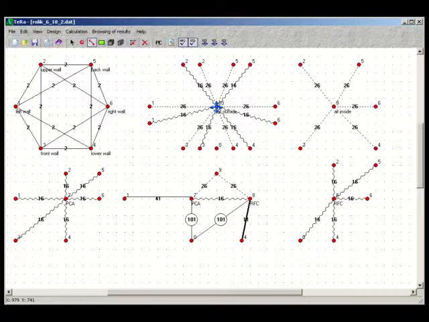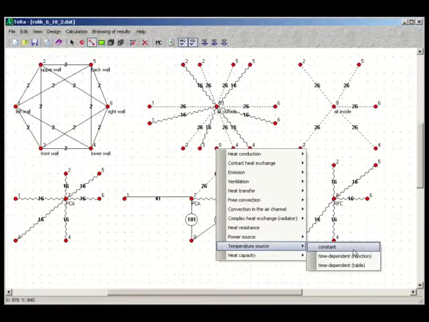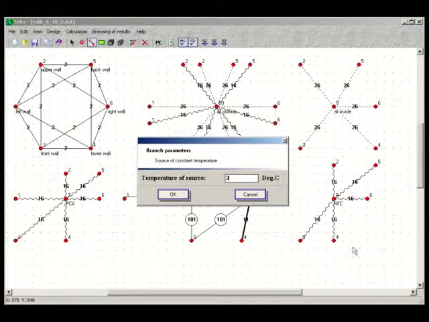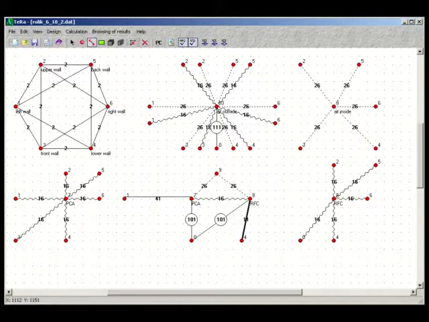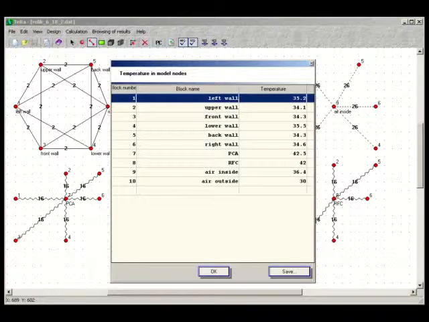Into block 10, environment, we include constant temperature source of 30 degrees. And then we carry out calculations. As a result of the calculations, we receive the following temperatures at a stationary thermal mode.